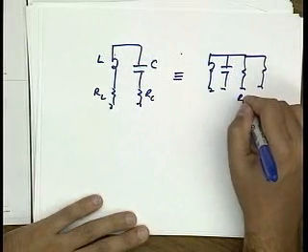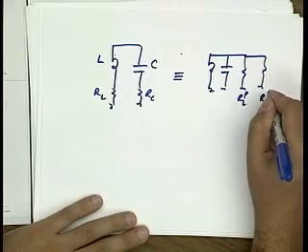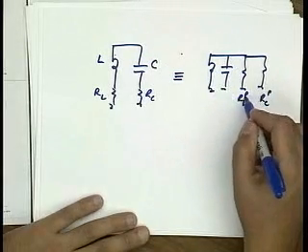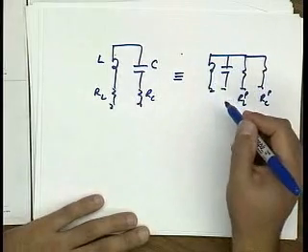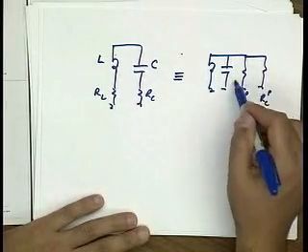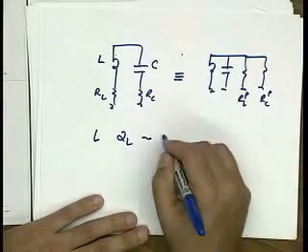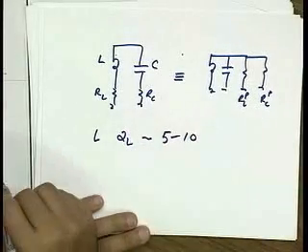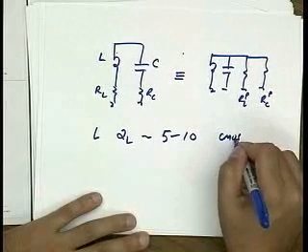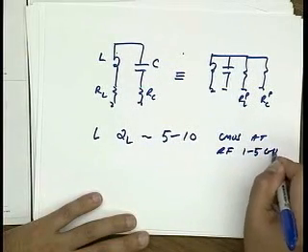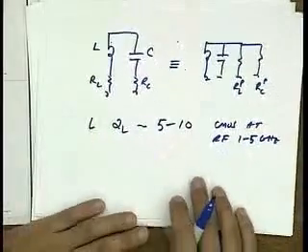This is RLP, this is RCP, and the value is going to be Q squared times the series resistance roughly. And the quality factor of inductors is, let's say, 5 to 10 in a typical CMOS process, say at RF frequencies around 1 to 5 gigahertz.